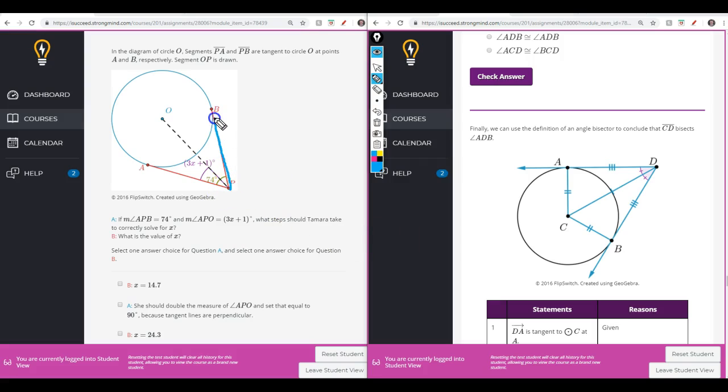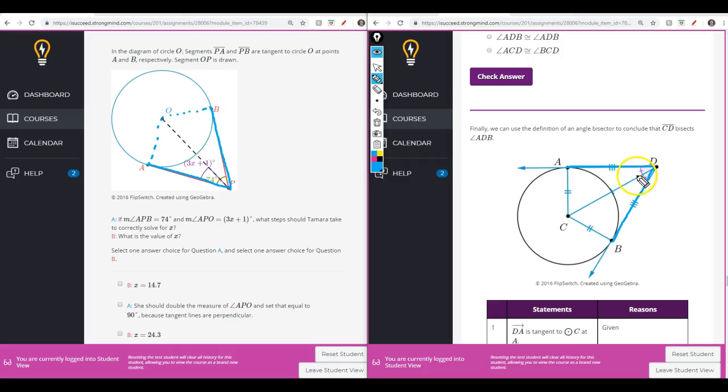We're given a segment that's tangent and another segment that's tangent, similar to this point and this segment in this diagram. What is missing is we don't have our radii drawn in, which you could if you wanted to. It's not really pertinent.